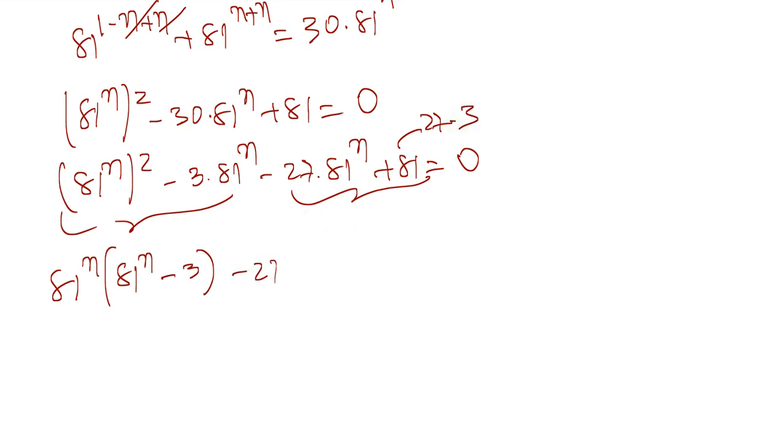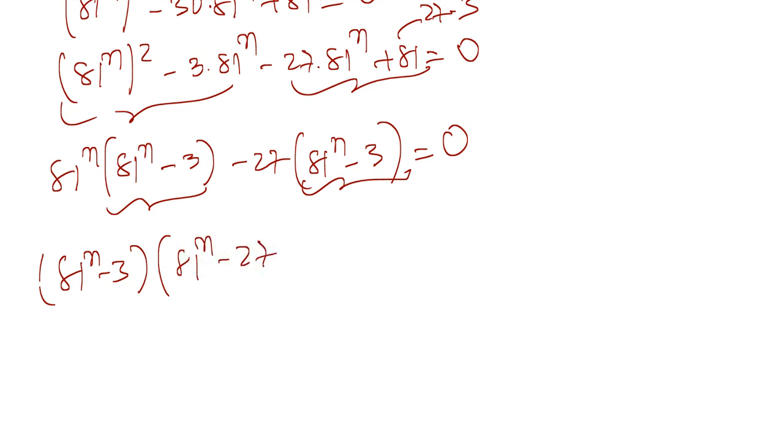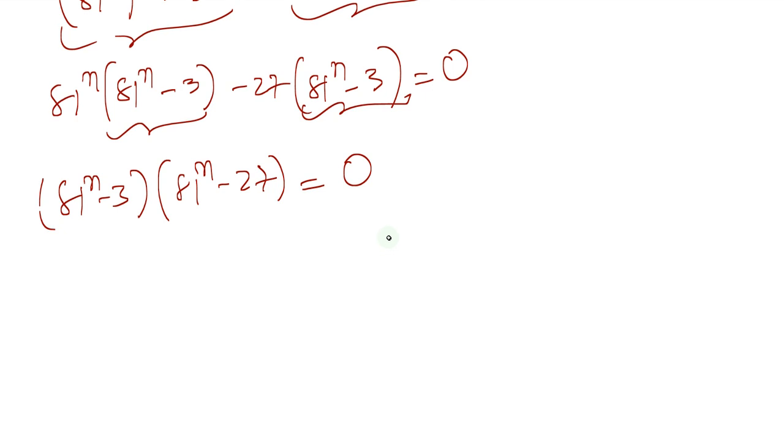So we got minus 27, which multiplies 81 to the n minus 3, and then this is 0. So pretty cool. And then from here, this and this are the same. So we got 81 to the n minus 3, which multiplies 81 to the n minus 27, and then this is 0.